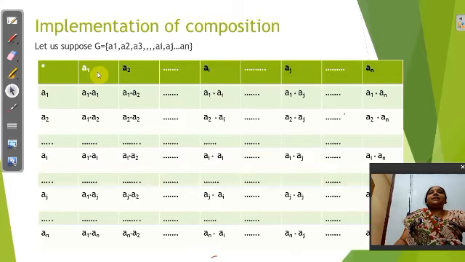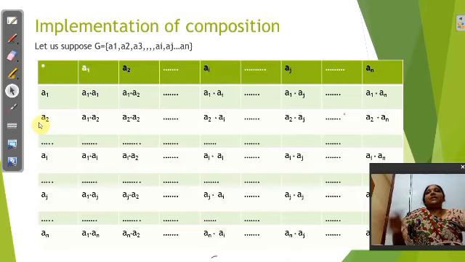I am taking the elements in rows and columns. The first row I am filling with a1, a2, and so on, ai, aj, and so on, an. Here also I am taking a1, a2, ai, aj, and so on, an. I am multiplying all the elements: a1 into a1, a1 into a2, a1 into ai, a1 into aj, and so on, a1 into an.